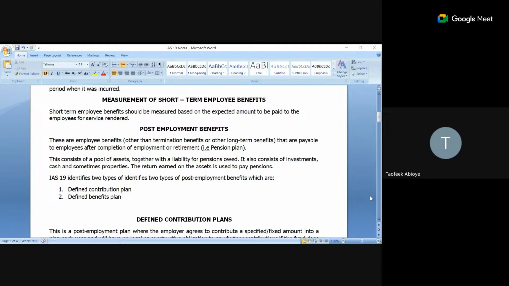Now, those pension administrators, those PFAs, what they do with our money is that they invest. As we are contributing that money, it does not make sense to just save it. It is good to invest. All this money we are saving in pension, say our pension is 5 million now, 7 million, they invest it and earn investment income.